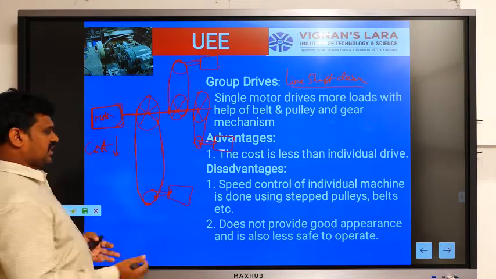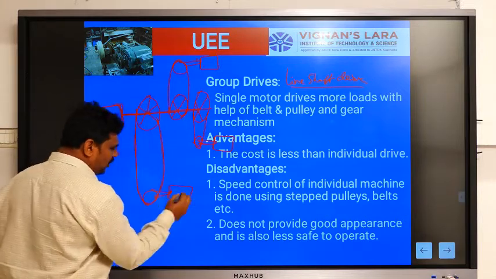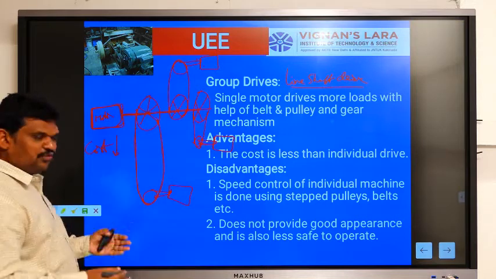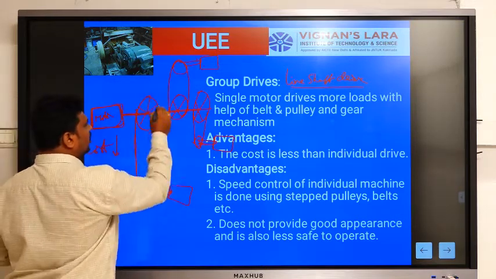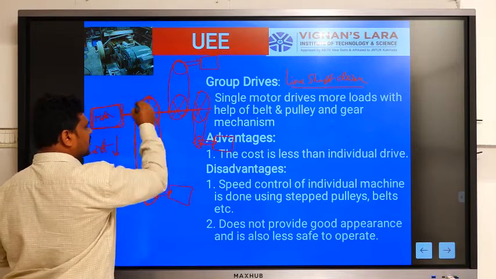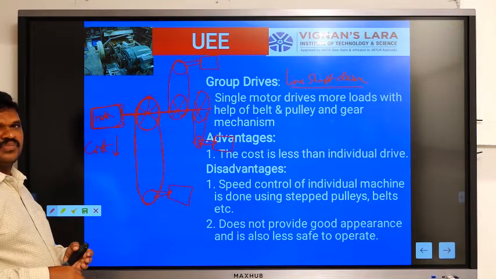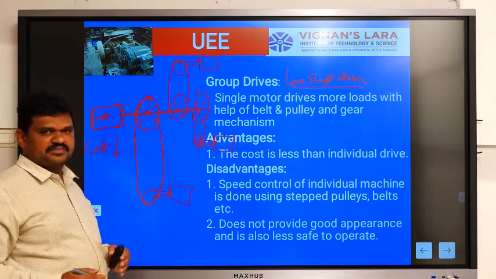What are the disadvantages? The speed control of individual machines is difficult. If you want to control by using the pulley, by increasing or decreasing the pulley size: if we increase the pulley size, the speed will decrease.